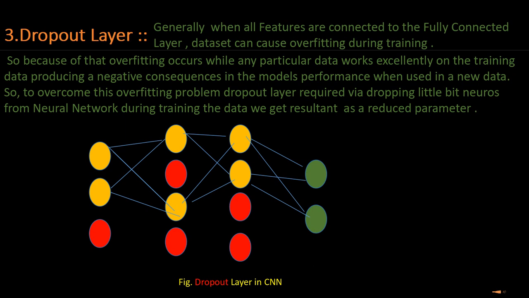So to overcome this overfitting problem, the dropout layer comes into the picture and plays the central role. By dropping a few neurons from the neural network during training, we get a reduced number of parameters.